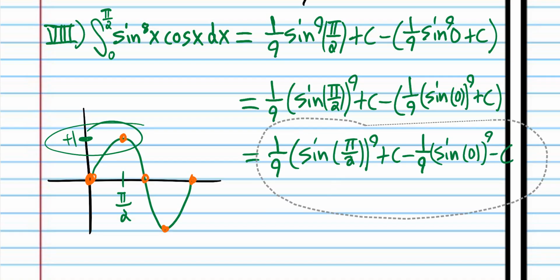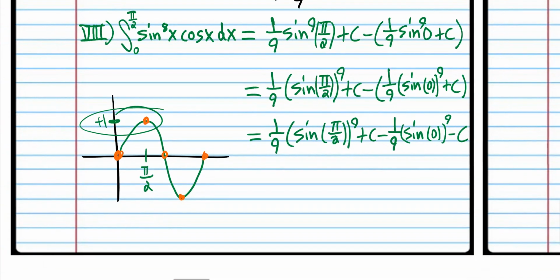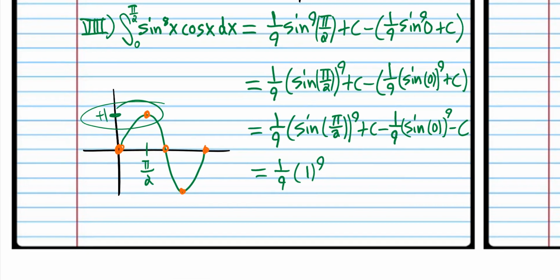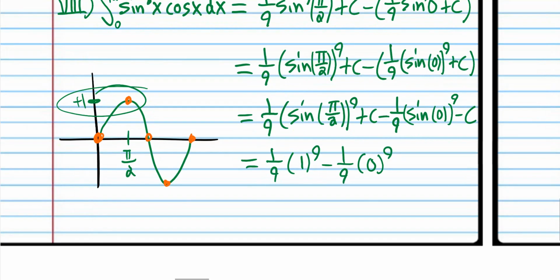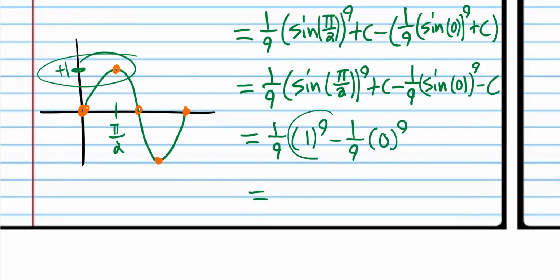So you can see why writing the c's is kind of a waste of time, because they're always going to cancel out. So now we have 1/9 times 1 to the 9th power. The c's cancel out. And we have minus 1/9 times 0 to the 9th power, because sine 0 is 0. And then of course this just becomes 0, and this becomes 1. 1 to the 9th power is 1 times 1/9 is 1/9.